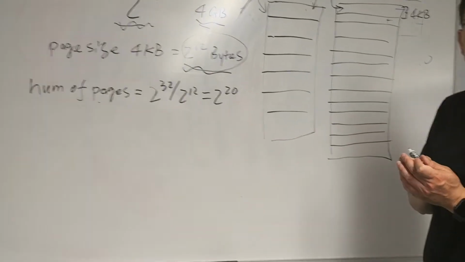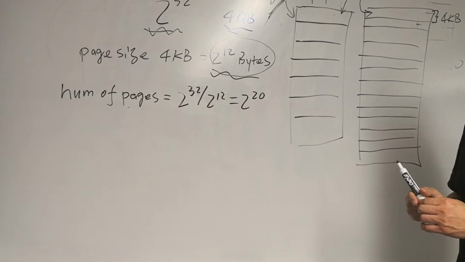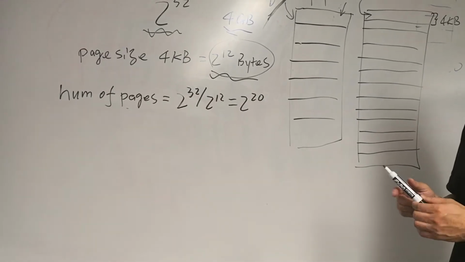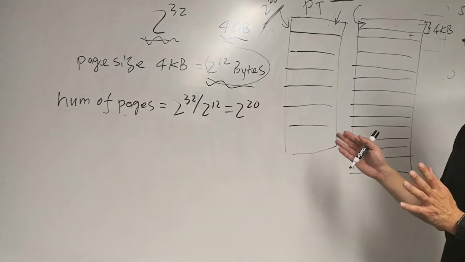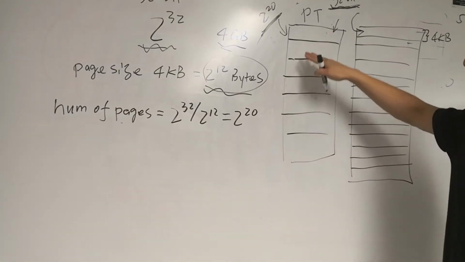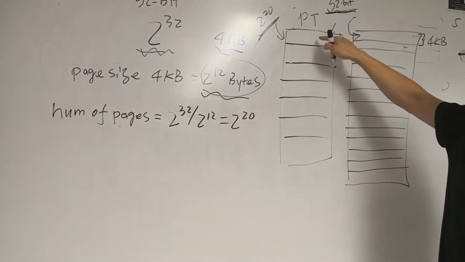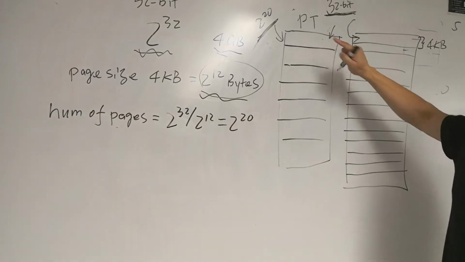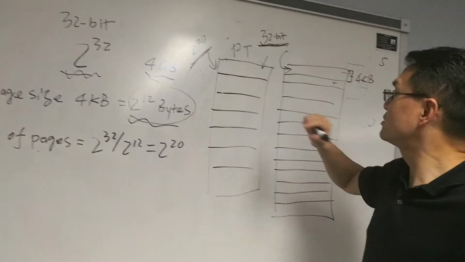And the rest of the bits, they're used for what? They're used for how many different possibilities? How many different pages?